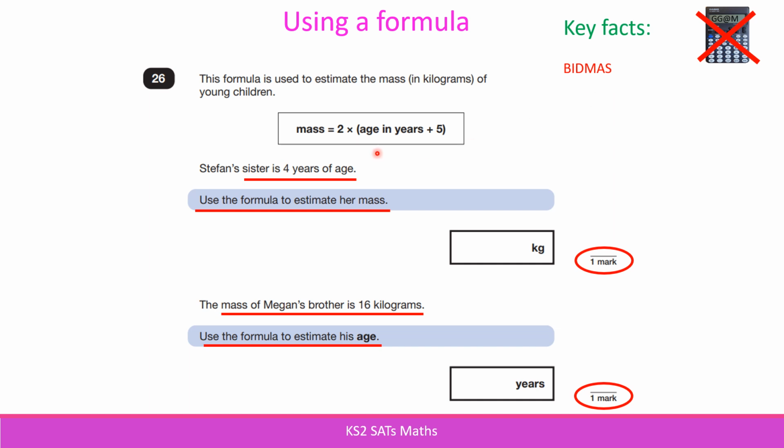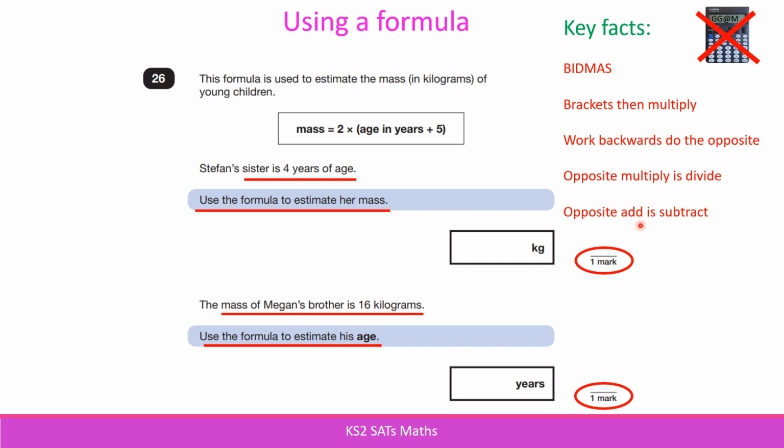So what we're going to need to use is the brackets first, and then we've got to multiply our answer by 2. That's how we're going to do the first part. For the second part, we know the mass is 16. So to work out the age, we've got to work backwards. And to work backwards, we must do the opposite. So you need to know that the opposite of multiply is divide, and the opposite of add is subtract.